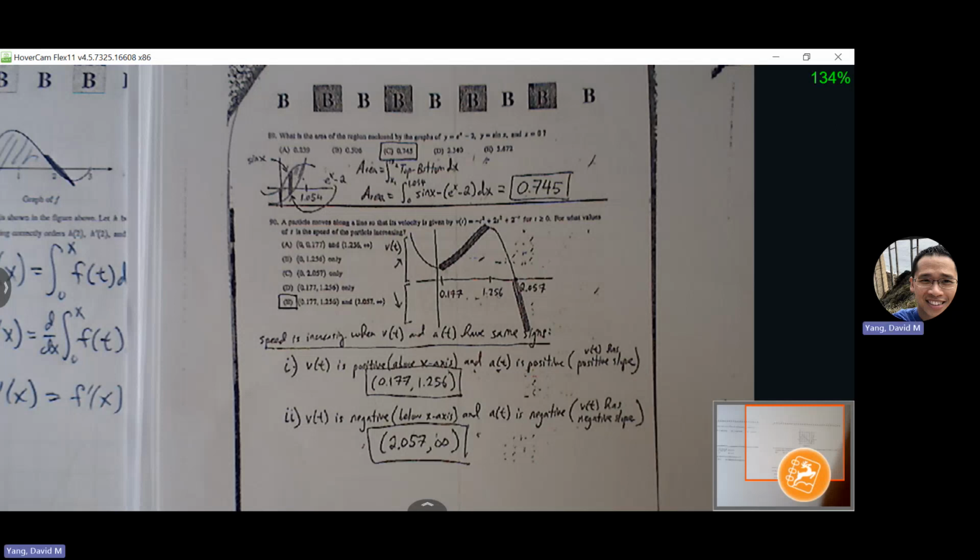Okay, so the remaining pages in this packet are miscellaneous problems that I pulled from AP Classroom. I organized it by units. So it starts off with limits, then it moves into derivatives, then curve sketching, then finding integrals, and then moves to differential equations and volume and area.